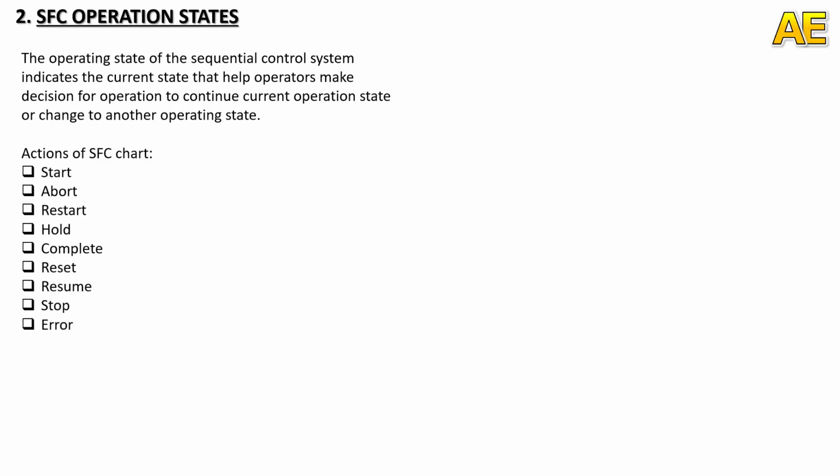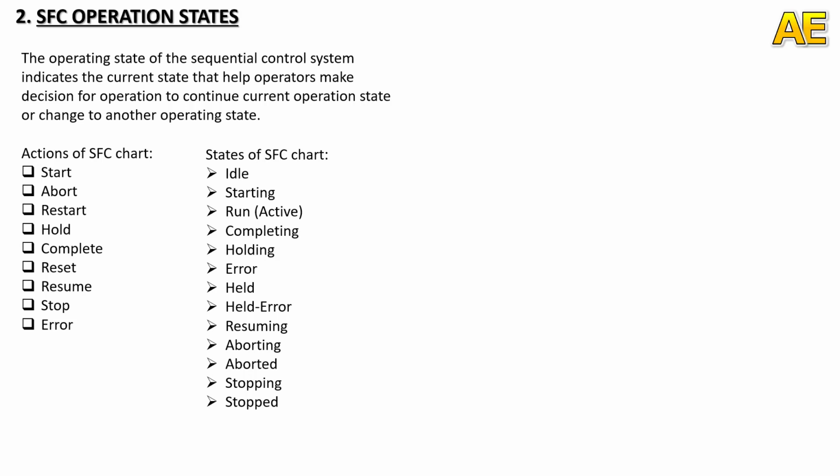Okay, next is the actions of the SFC chart. They are start, abort, restart, hold, complete, reset, resume, stop, and error. And these actions will cause a different state.